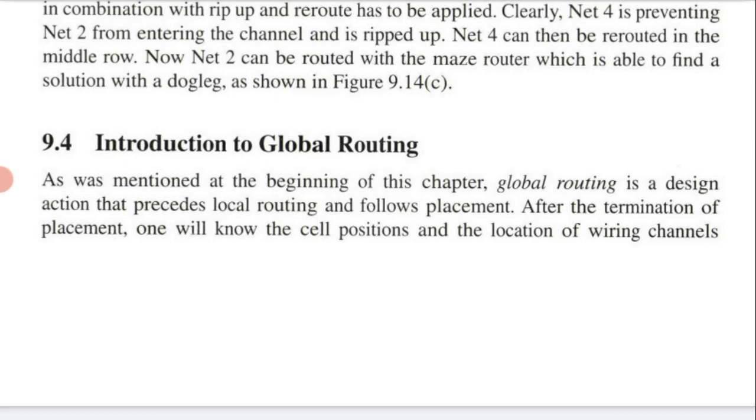There will be various regions for the routing, between the blocks. If two blocks are placed nearby, the channel available in between is called a vertical channel. If the blocks are placed one on top of the other, and in between the two blocks there is a channel available, that channel is called a horizontal channel.